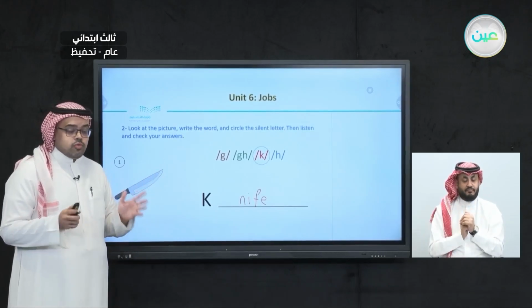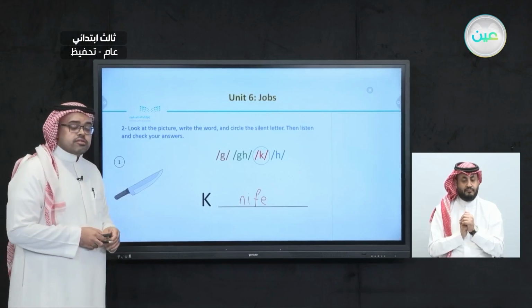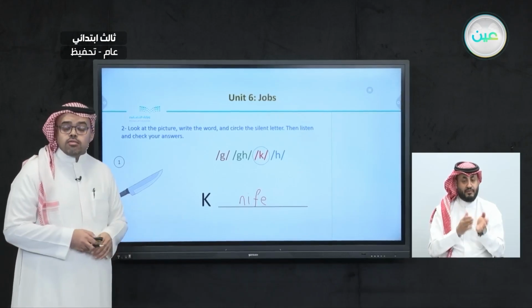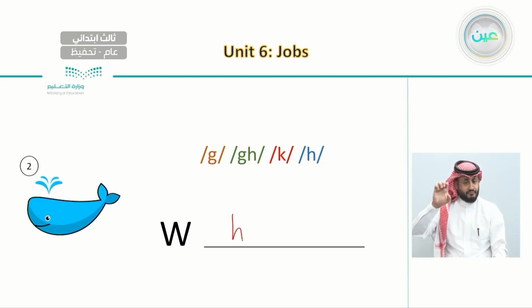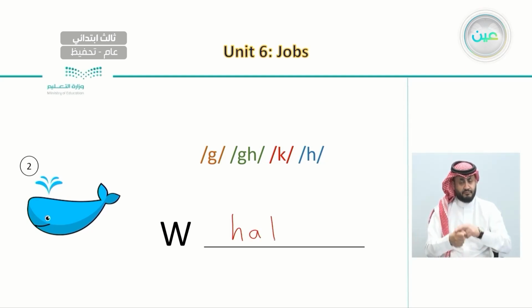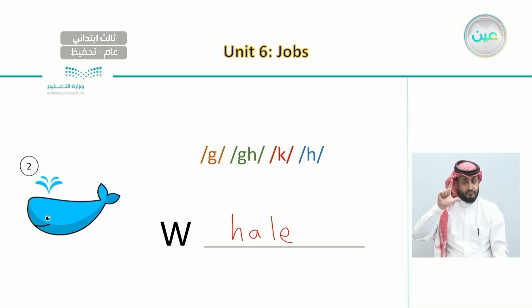Now, if you get this exercise, let's try to answer the second one. So here we have this picture. We're going to have a look at this picture. And here we have a word that starts with W. And from looking at this picture, I think the word that they want us to know here is whale.